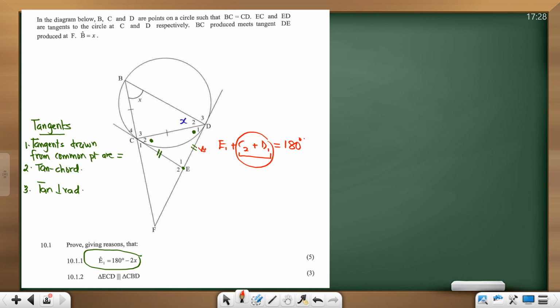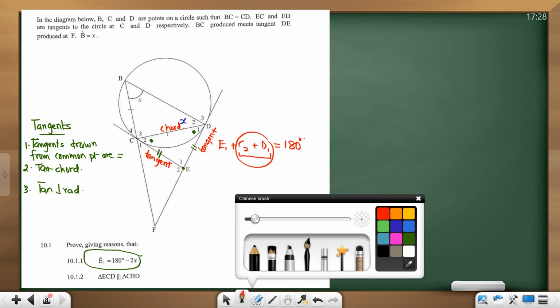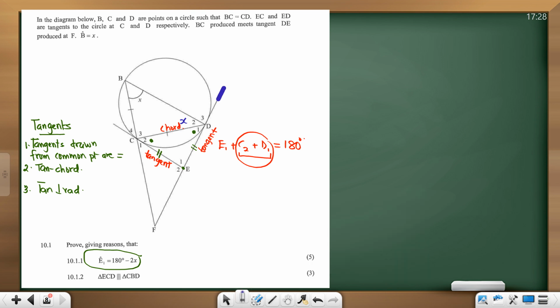Always label. That is a tangent. That is a tangent. Oh, and that is a chord. I'm looking for that. Tangent, chord. This angle. Okay, which chord? Chord CD.